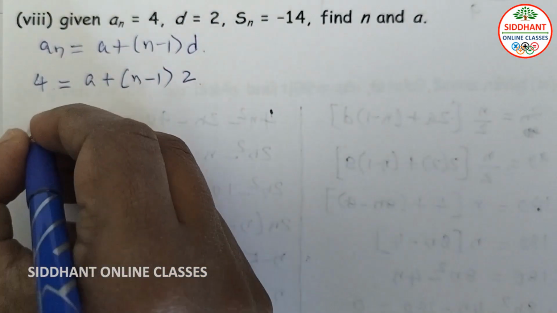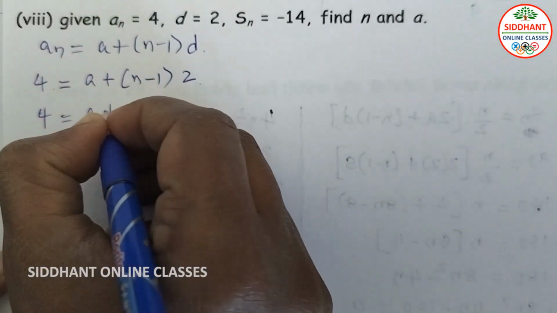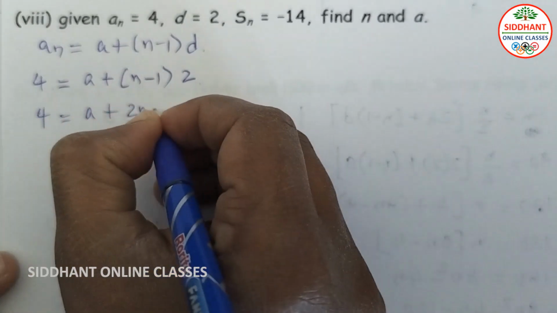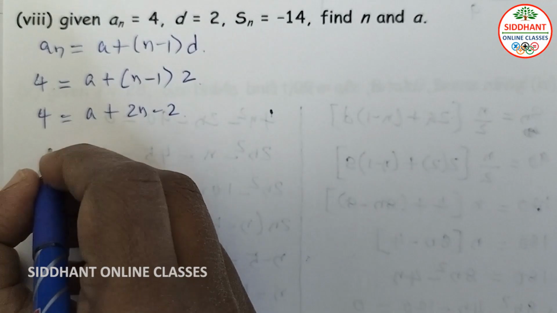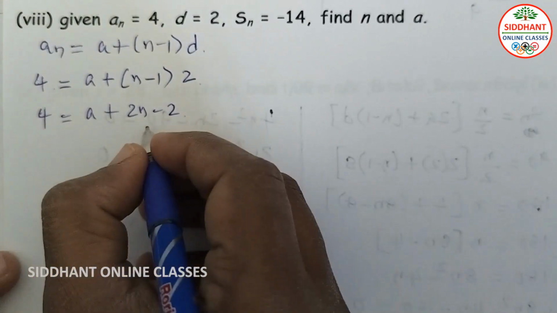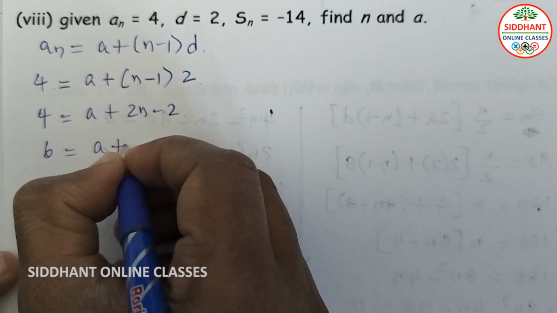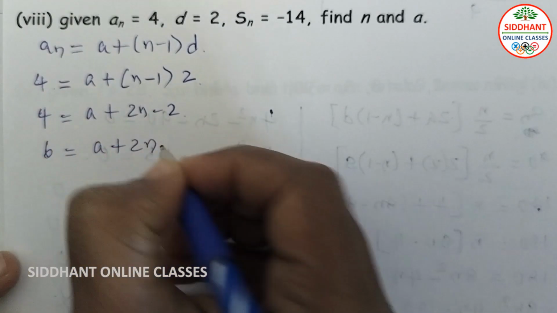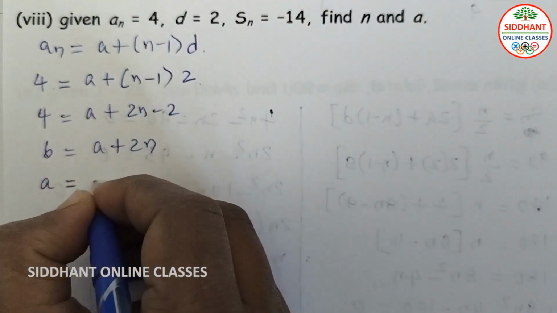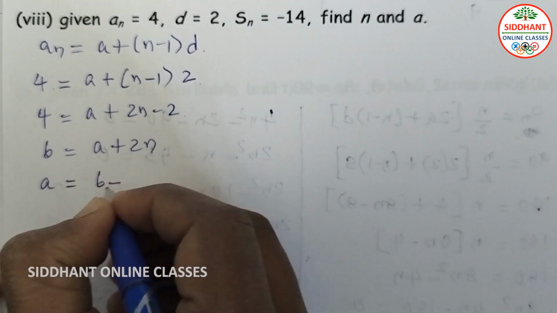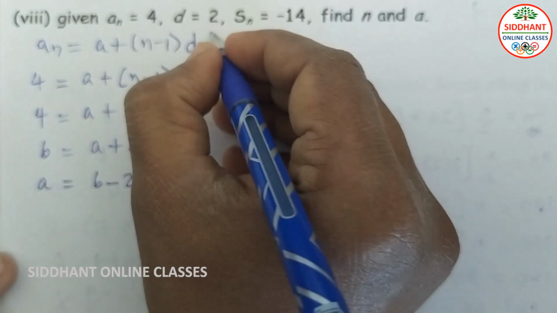So now when you simplify, 4 equal to a plus 2n minus 2. Minus 2 goes there, which becomes 6, 4 plus 2, 6. So 6 equal to a plus 2n. So now a value will become 6 minus 2n.